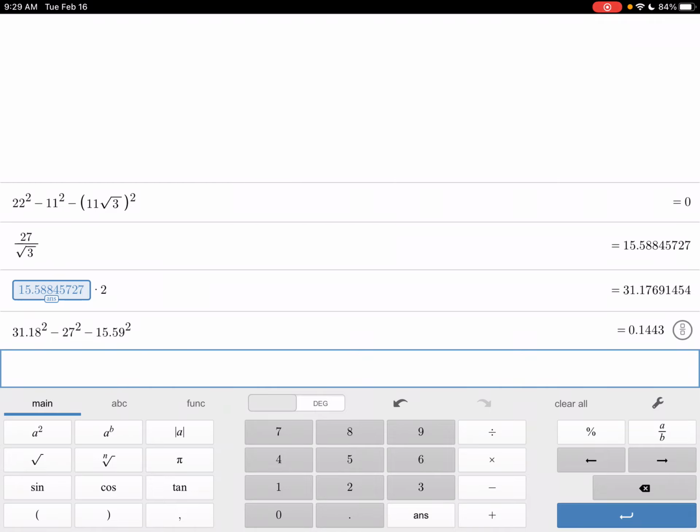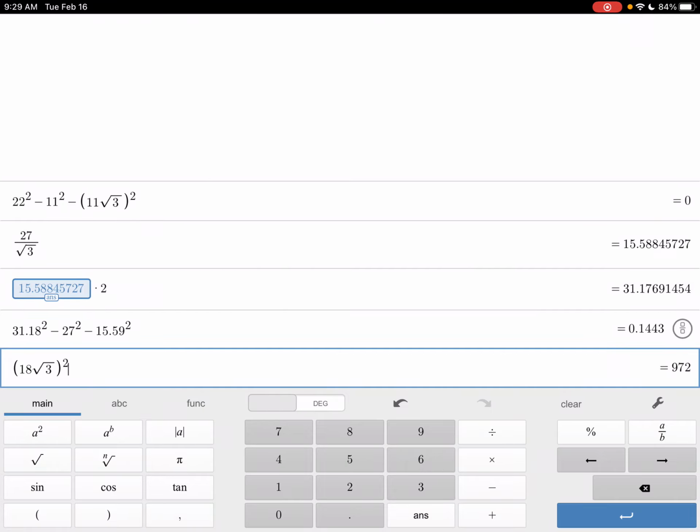And in fact, it's close enough. Let's see if I can do this right. I think that the hypotenuse was actually, in exact form, 18 times the square root of 3. So if that's the exact hypotenuse, squared, minus one of your legs, which was 27 squared, and then minus the other leg, which I'm pretty sure was 9 times the square root of 3.